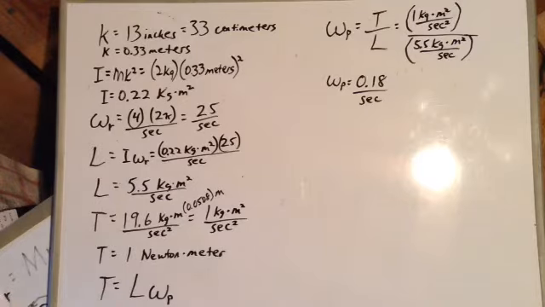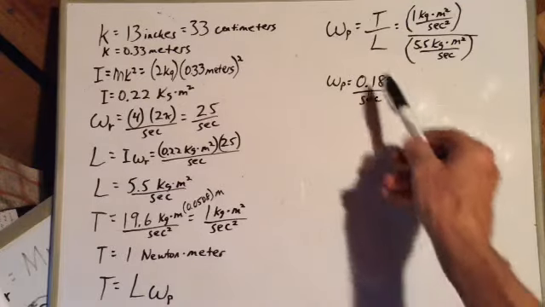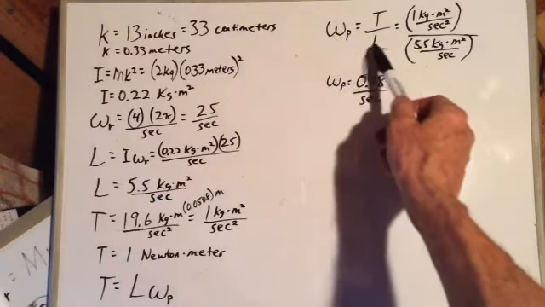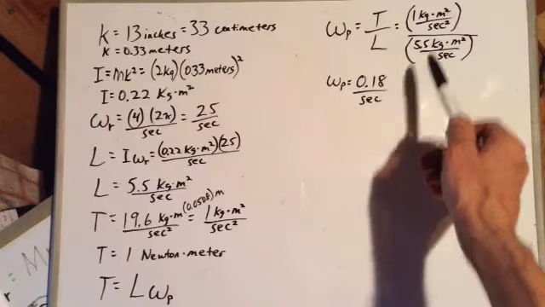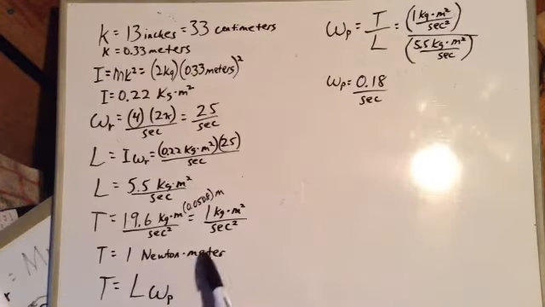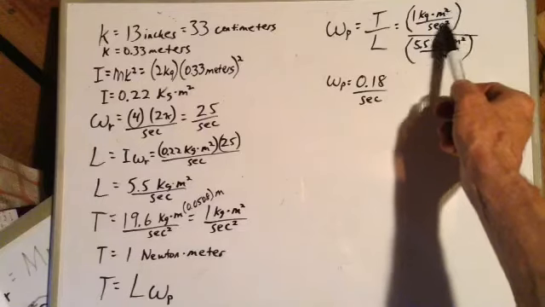So torque equals the angular momentum times precession rate, which means our precession rate will equal our torque divided by our angular momentum. T over L, and our torque was 1 Newton meter, 1 kilogram meter squared per second squared.